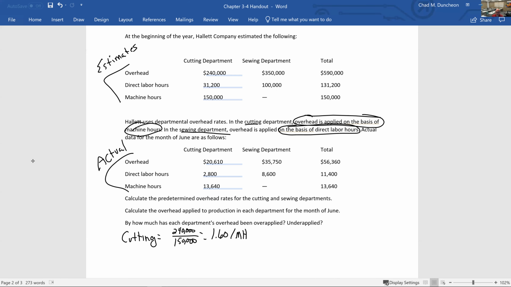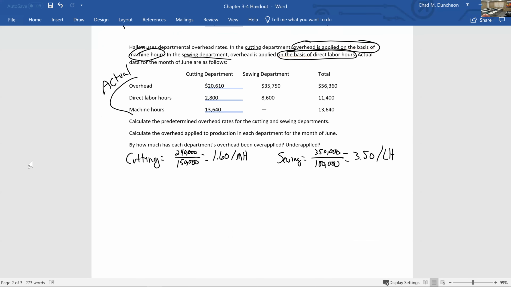That is how we are going to apply overhead in the cutting department. In the sewing department, our estimated overhead is $350,000. Our activity base here is direct labor hours, and they estimate a total of 100,000 labor hours. So our rate is going to be $3.50 per labor hour. Remember, all of that comes from the estimate.